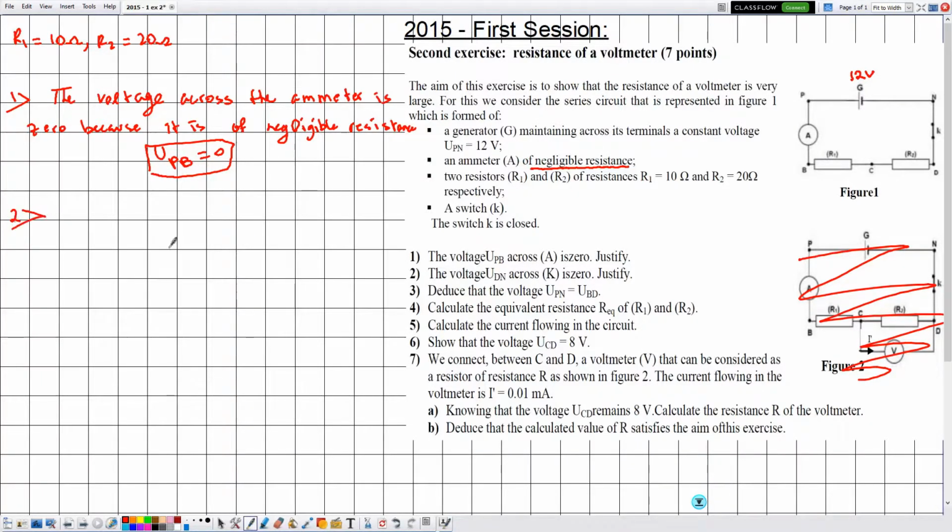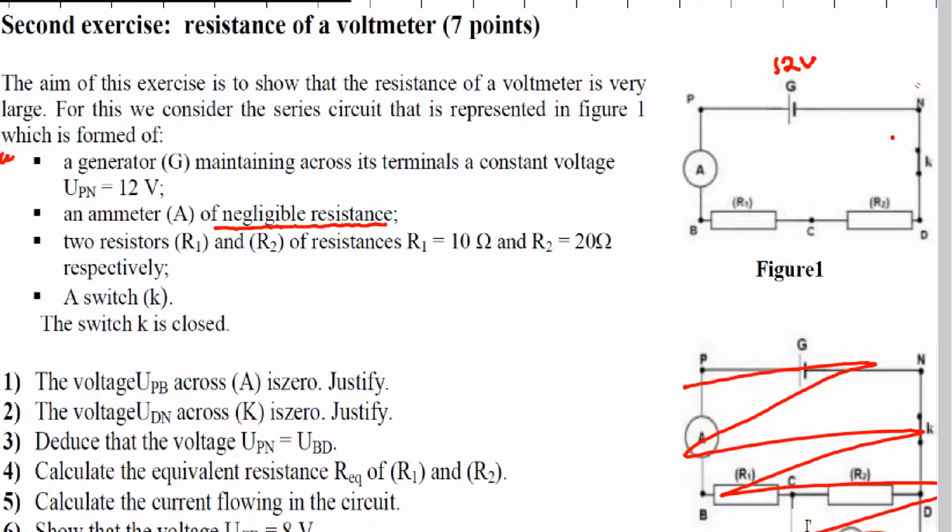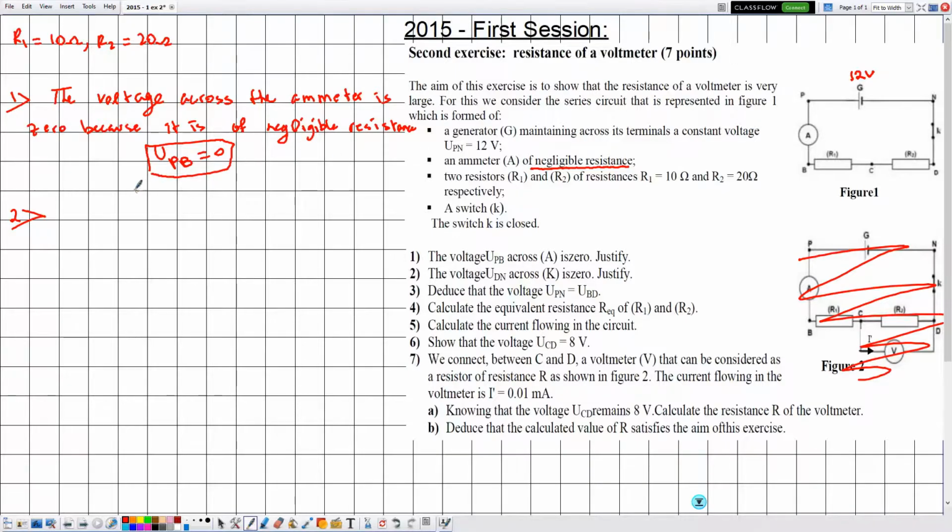Now in number 2 they are telling me the voltage UDN across K is 0. Notice that here K is a closed switch which acts as a connecting wire, so the voltage across it is 0.